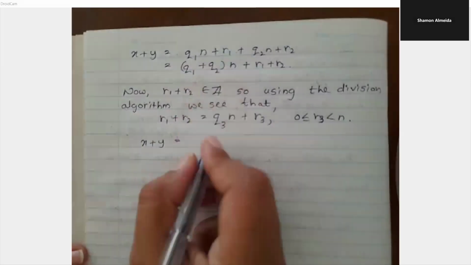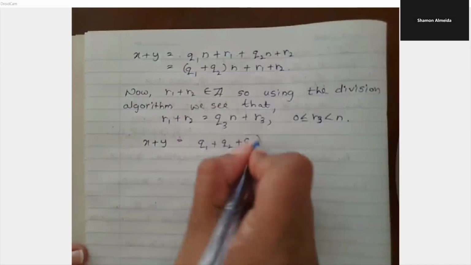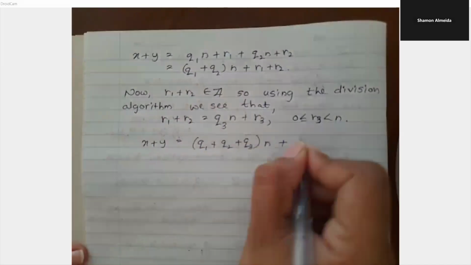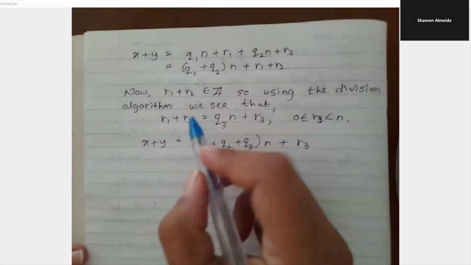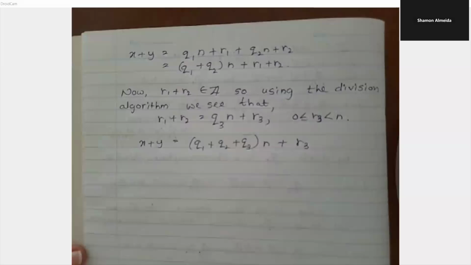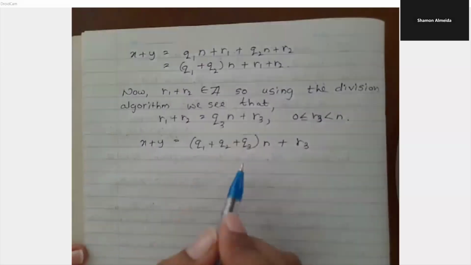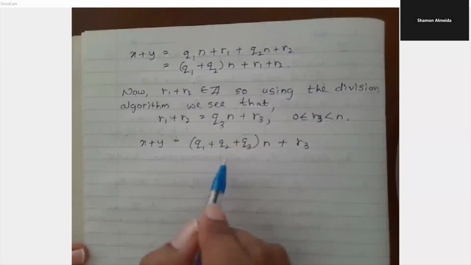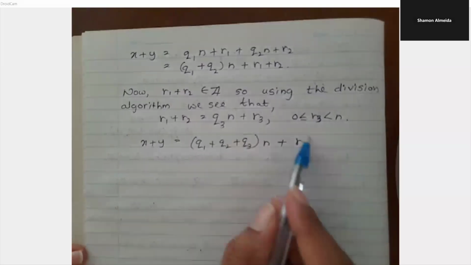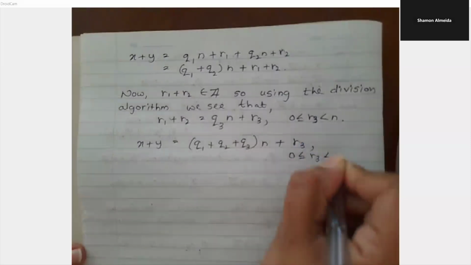So we've got Q1 plus Q2 plus Q3, considering this value, times n plus R3, replacing R1 plus R2 by this over here. Now observe, this equation tells you R3 lies between 0 and n.